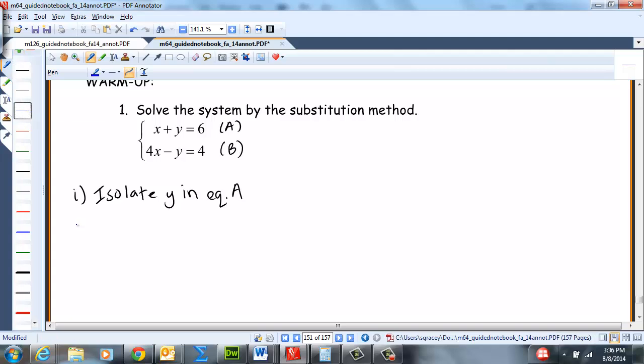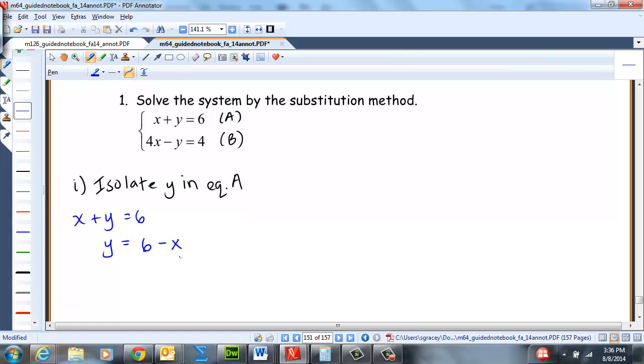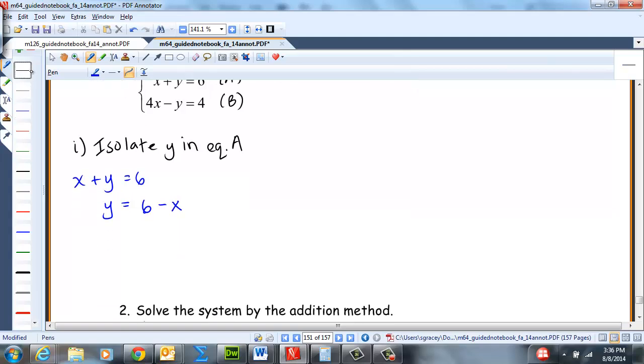Equation A is x plus y equals 6, so y is equal to 6 minus x. Then our second step would be to substitute y equals 6 minus x into the other equation, so in this case, equation B. Equation B is 4x minus y is 4.